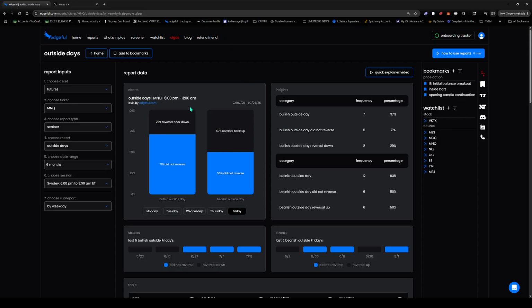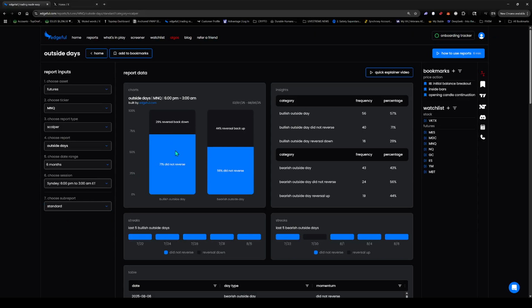So back into previous day's range. So that's the first report, right? We did it by weekday. We could also do it by standard, and it's still 71%. It did not. And the last 5 times it happened, it did not reverse at all back into the zone. So those are pretty good odds. I'll take 70%.